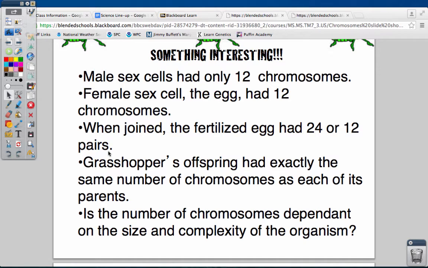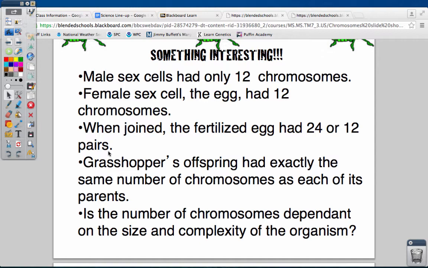And when they were joined together, they had 24. In order to have a full set of 24 chromosomes, you have to combine the male sex cell and the female sex cell, each of which has 12. So grasshoppers have the exact same number of chromosomes as the parents.